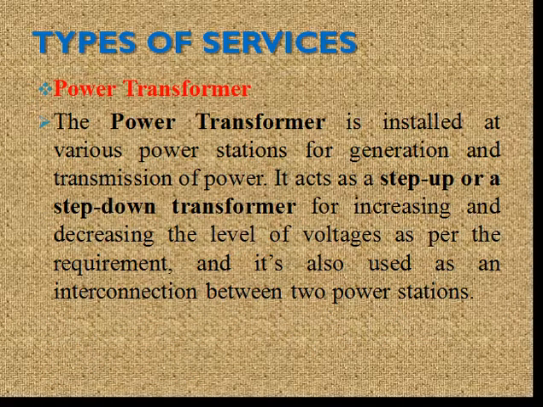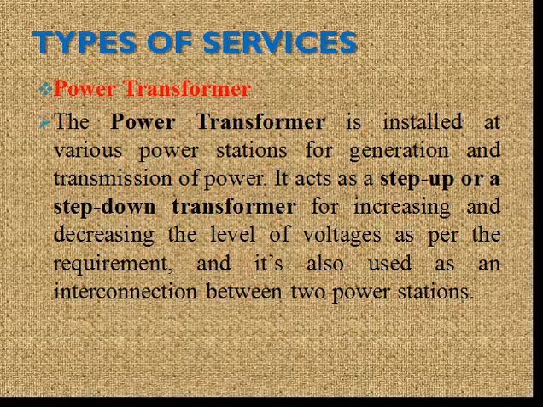Types of service under this: power transformer. A power transformer is installed at various power stations for generation and transmission of power. It acts as a step up or step down transformer for increasing and decreasing the level of voltage as per requirement.